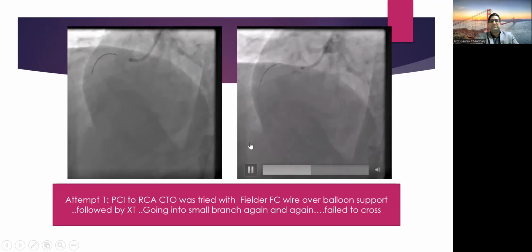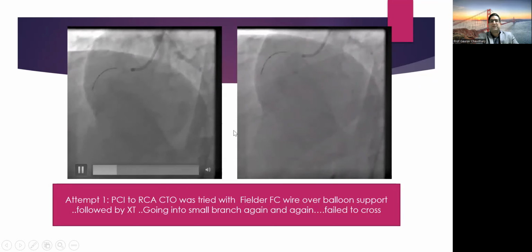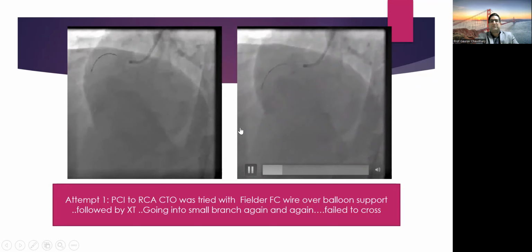But the problem is that at the proximal end of the CTO, there is a branch, and every time the wire was going into the small branch, it was very difficult to escalate the wire, because we were not able to get into the proximal cap of the CTO. So the RCA CTO was abandoned, and we did PCI of the LAD and the circumflex.